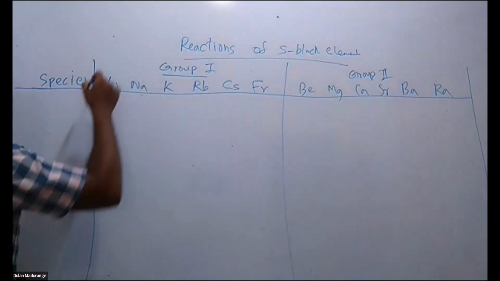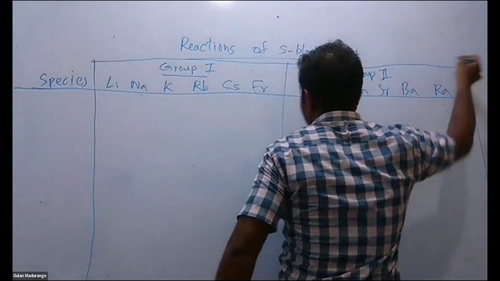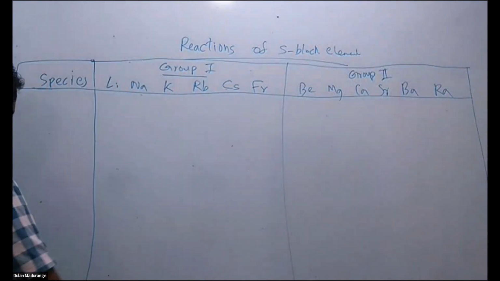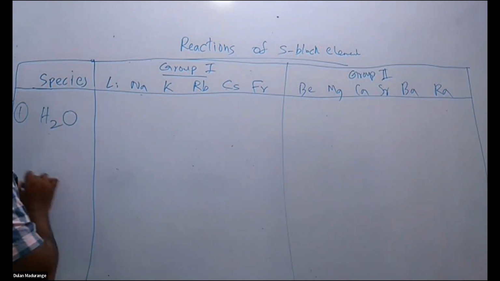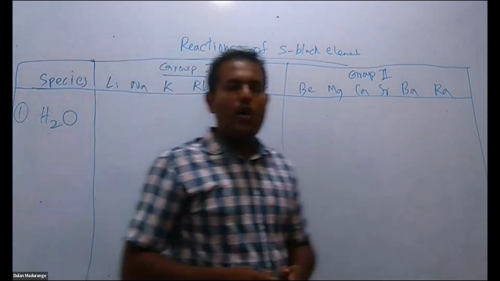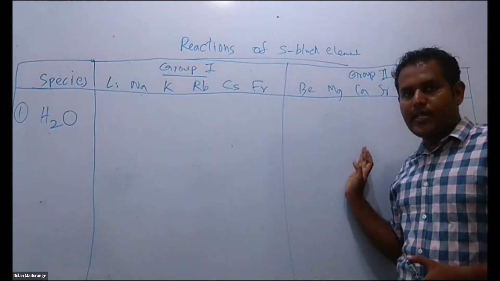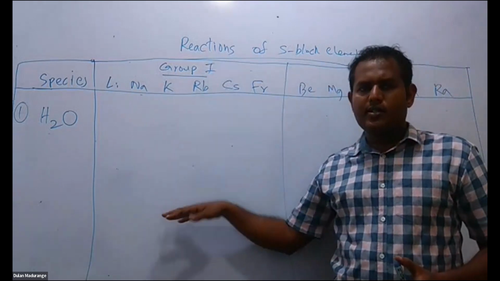Now the species and group. What is the first species we are considering? The reactions of water: how water will react with group 1 and group 2 elements. In the resource book they have given group 1 first, completely finishing.